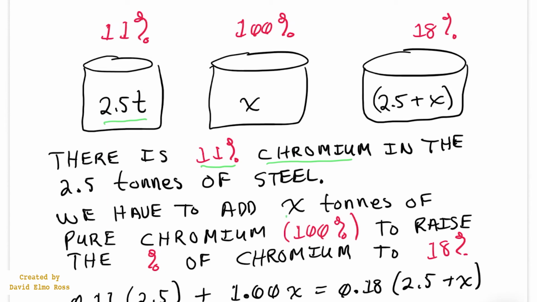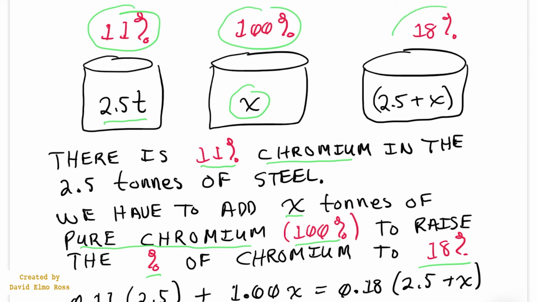We have to add x tons of pure chromium, meaning that's at 100%, to raise the percentage of the chromium to 18%. So there is our 2.5 tons at 11%. There's our x tons at 100%, and we want 18%, and that's going to be, as we saw before, when we put these two together, 2.5 plus x tons to have it at 18%.